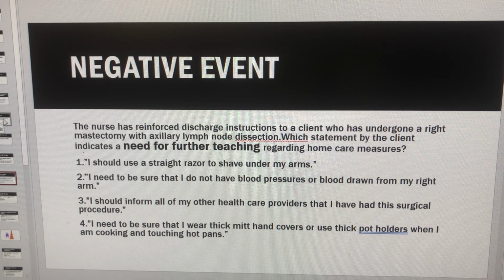Lymphadenopathy with associated lymphedema can result, and the client needs to be instructed in the measures that will avoid trauma to the affected arm. Recalling that trauma to the affected arm could potentially result in edema and/or infection will direct you to the correct option, which is number 1. Remember to watch for negative event queries.